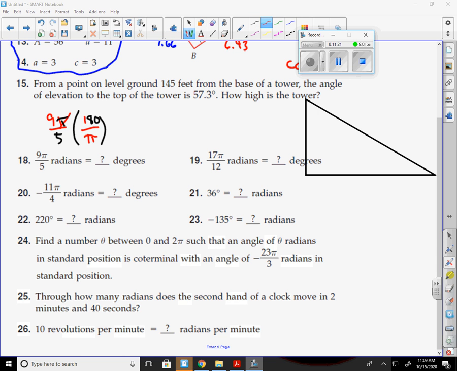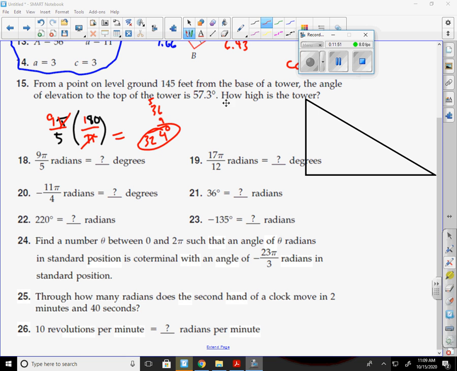Pi's cancel out. 180 divided by 5 is 36. 36 times 9 is 324. So it's 324 degrees.